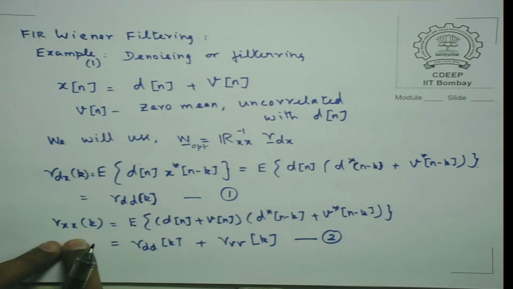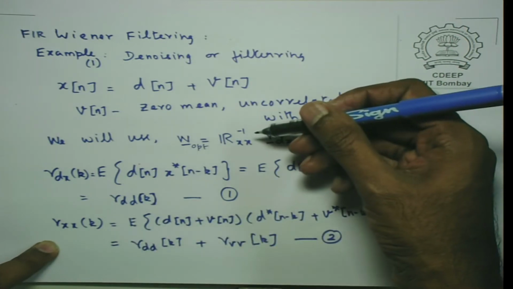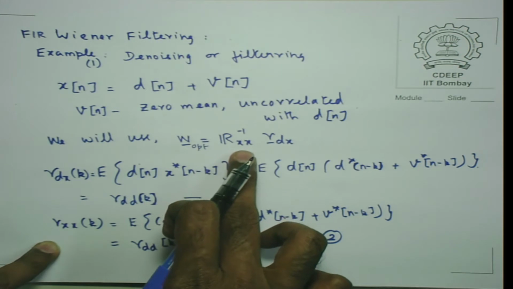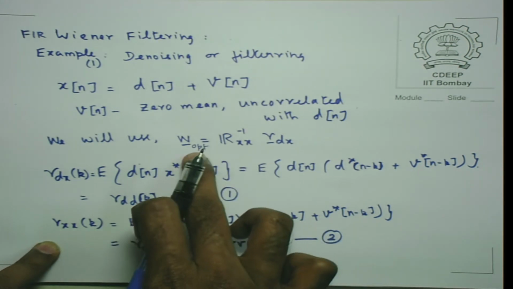Similarly, we can look at the signal X and find its autocorrelation, because we are interested in finding this RXX inverse, right? Which means we have to estimate each element of this RXX matrix depending on the length of the filter.